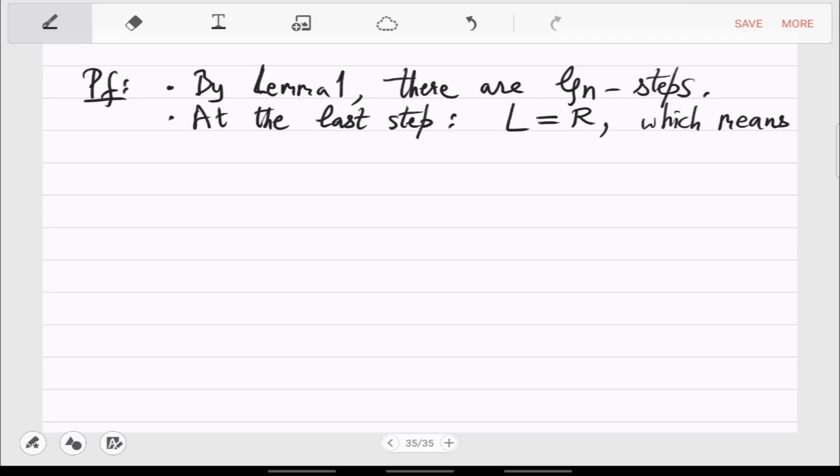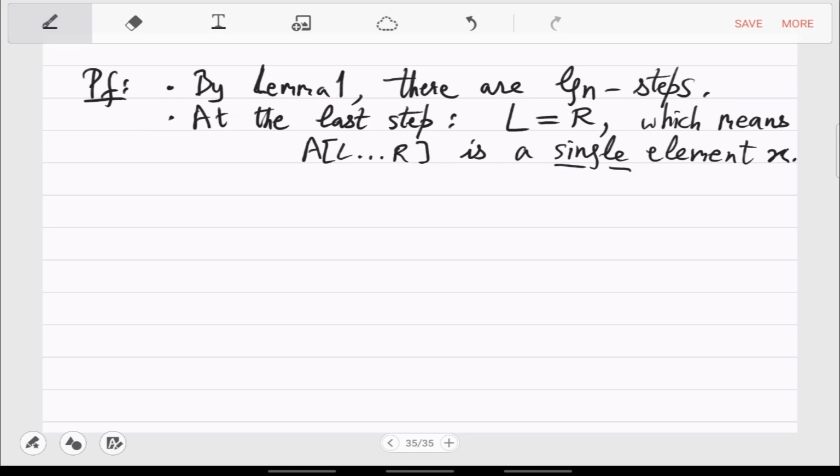Which means this element AL and AR are the same. It is a single element, let's say X. So we have identified a single element X at the end, and what is the property of this single element?